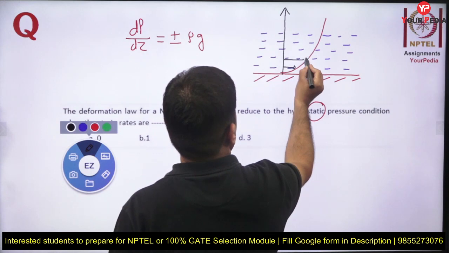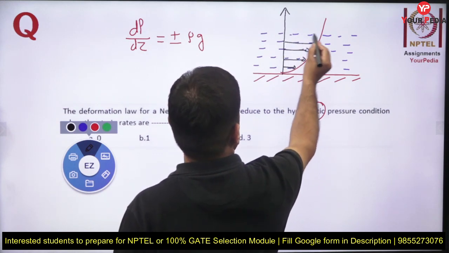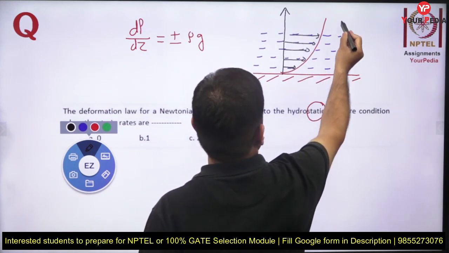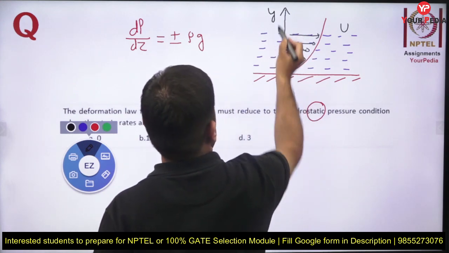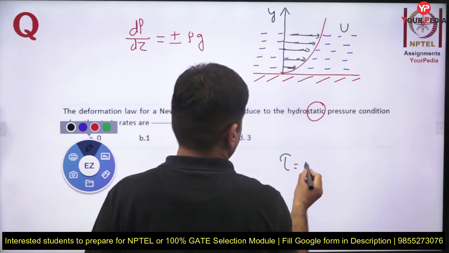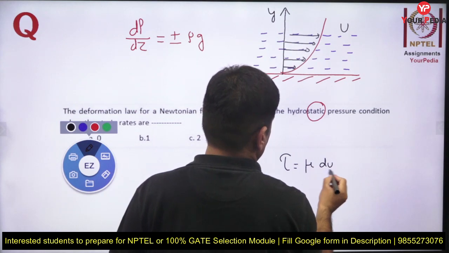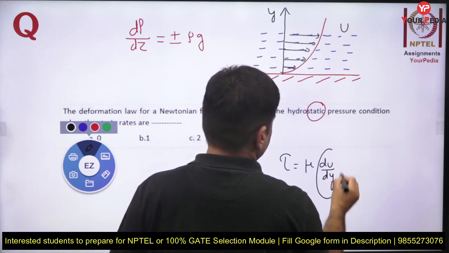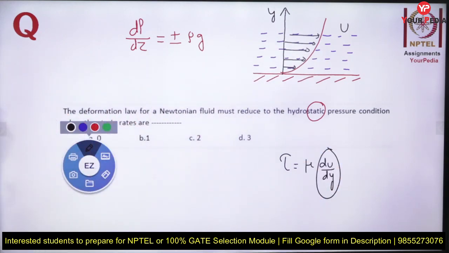If this is the velocity u and this is the direction y, then shear stress is equal to mu du by dy. This is Newton's law of viscosity, and mu is the coefficient of viscosity.